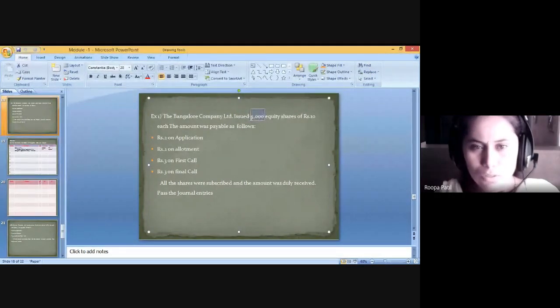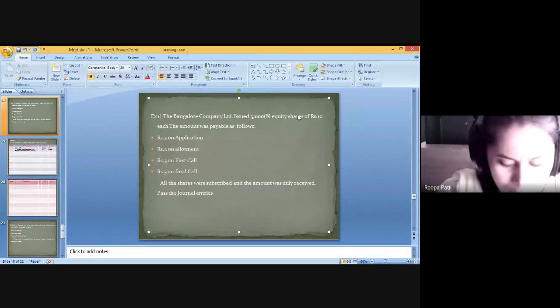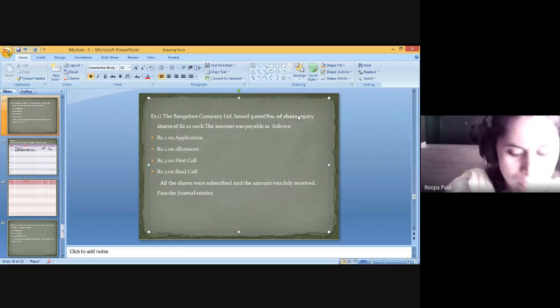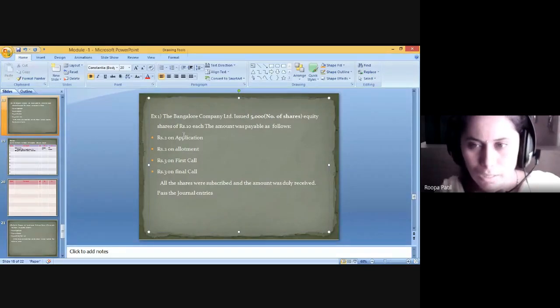I'll write it in brackets. Here the shares are equity shares. So what are the types of shares? Equity shares, preference shares. Right? 5,000 equity shares of rupees 10 each.